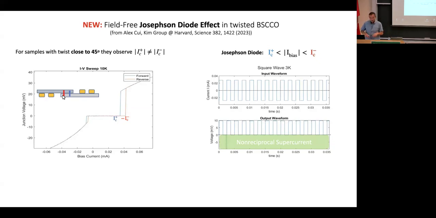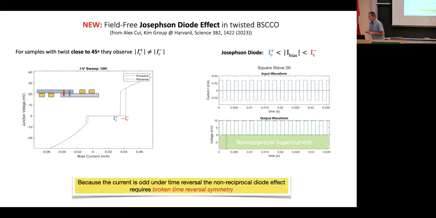And this is something that came to prominence recently. And Philip reported that they see it in their twisted cuprate junctions, but again, only close to 45 degrees. Okay. Now, why is this important? It is important because it's very easy to see that the absolute symmetry requirement for this non-reciprocal effect is that time reversal symmetry in your device is broken.